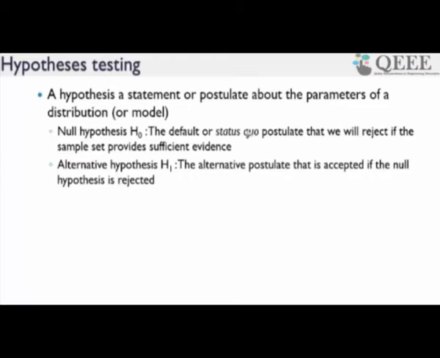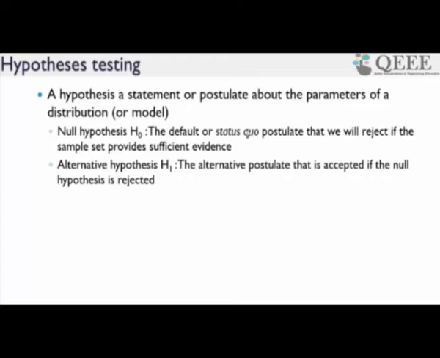Null hypothesis or H0 is a default or status quo postulate, which we will reject if the sample set provides sufficient evidence, right? So null hypothesis could be that the mean is 0. Now if you want to say the mean is not 0, I need to have really sufficient evidence to go away from the null hypothesis. So typically we are testing for the null hypothesis.